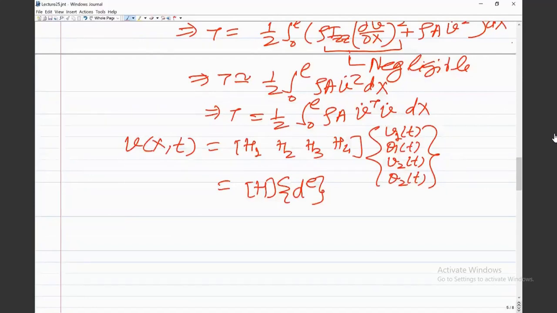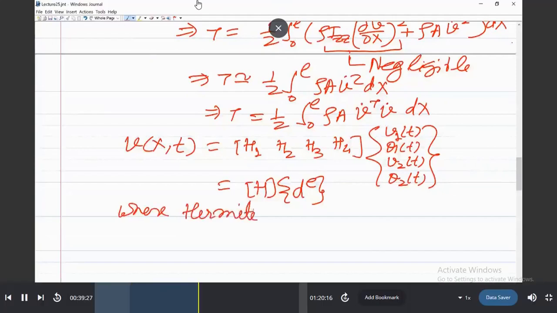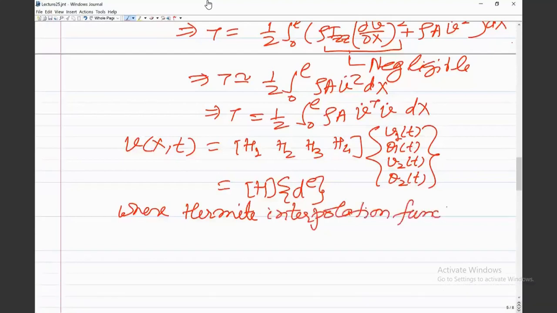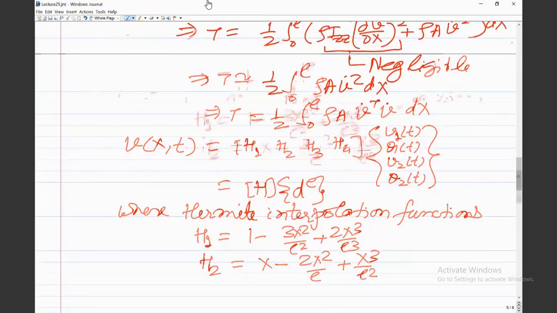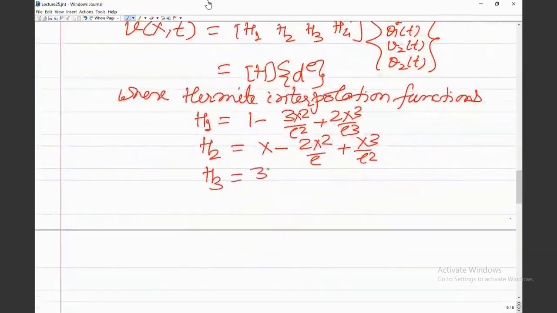So now this is H into D, and for the Hermite interpolation functions, let me also write the expressions for these. The Hermite interpolation functions are: h1 is equal to 1 minus 3x square upon L square plus 2x cube upon L cube, and the h2 interpolation function is x minus 2x square upon L plus x cube by L square, and h3 is 3x square upon L square minus 2x cube upon L cube.